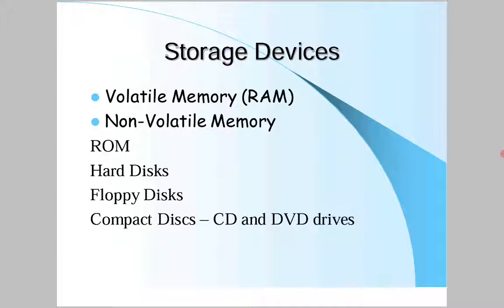Some memories are called volatile memory, some are called non-volatile, some are permanent memories, some are temporary memories, and like that. These are the main storage devices used in all computer systems.